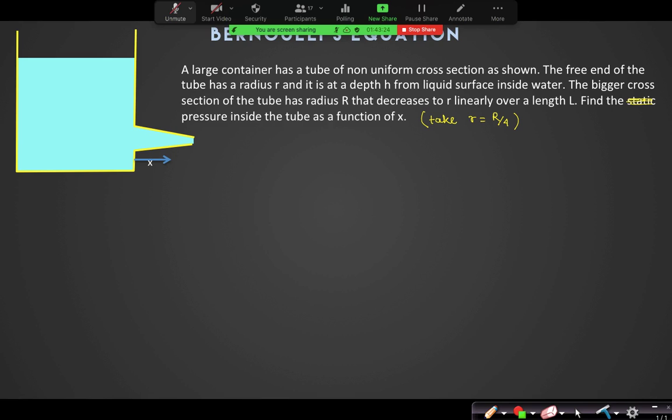Sir, is the area of the tube appreciable with respect to that of the tank?